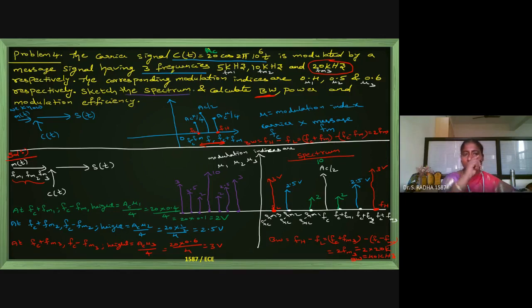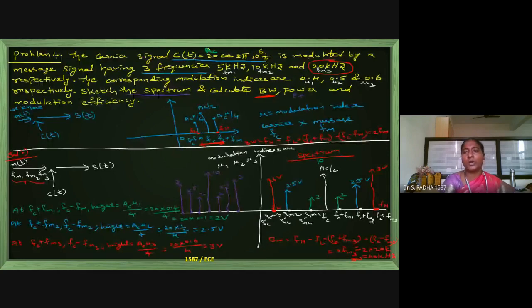Now what about the power and modulation efficiency? Power means total power, and then modulation efficiency. Now I am going for modulation efficiency. Total modulation index equal to square root of mu1 square plus mu2 square plus mu3 square. If 3 modulation indices are there, we have to follow this rule. And the values are given 0.4, 0.5, 0.6.